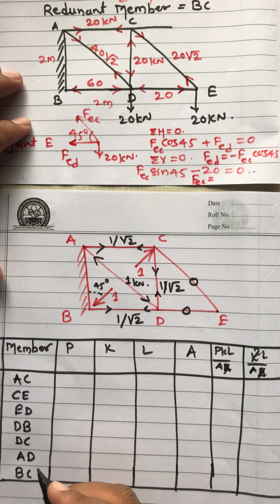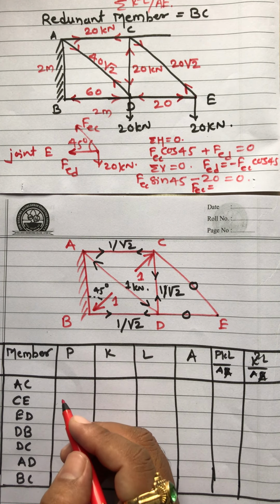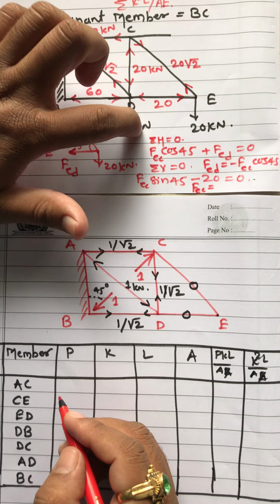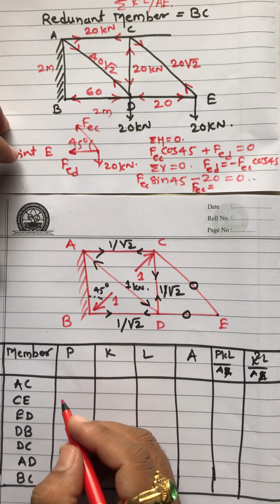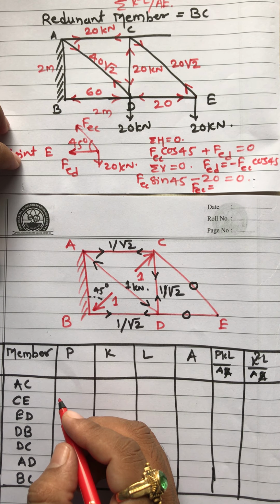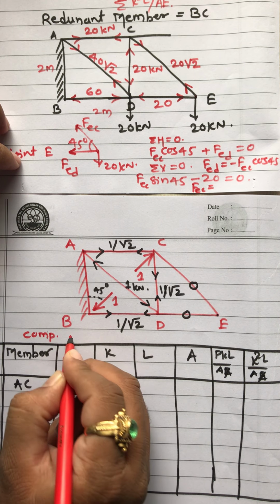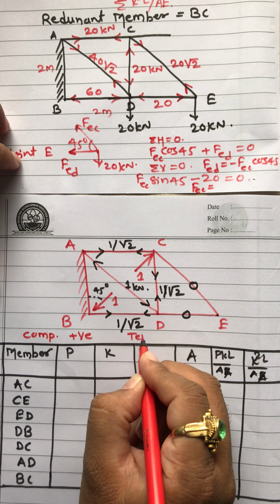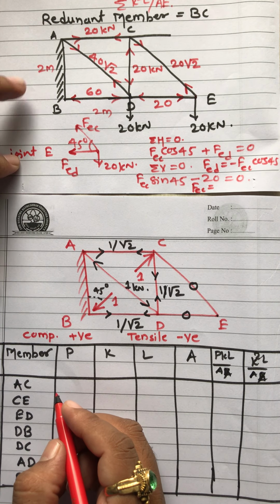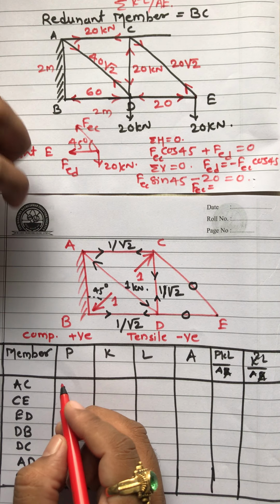Now the P forces. The P forces are the forces due to this external loading without this redundant member. We'll assume here compressive positive, tensile negative. So I will write here compressive force positive, tensile force negative. So AC, we know, tension on the top, minus 20.